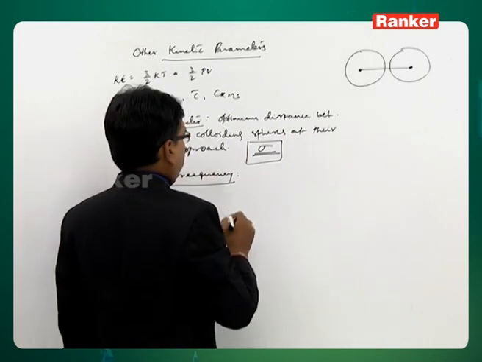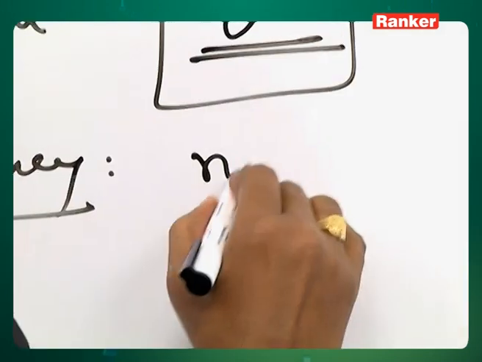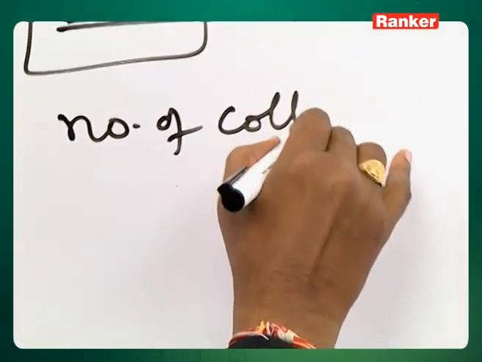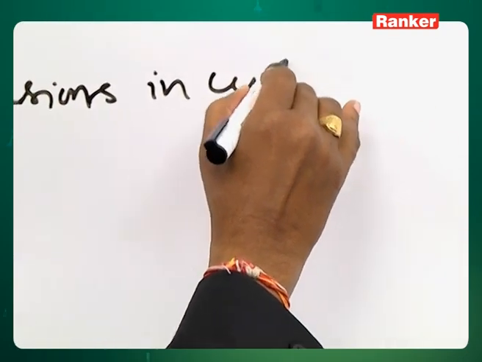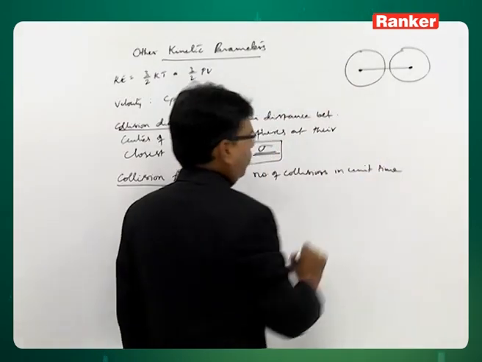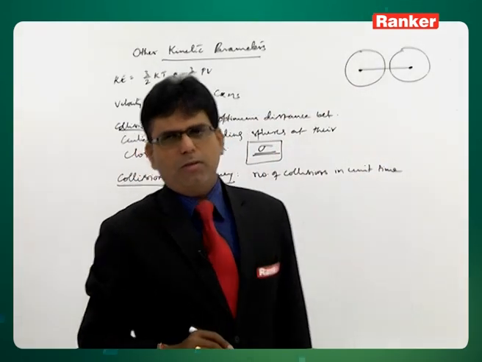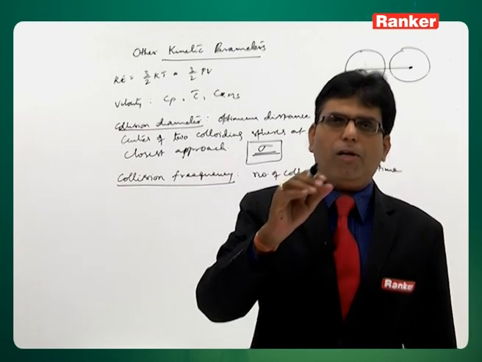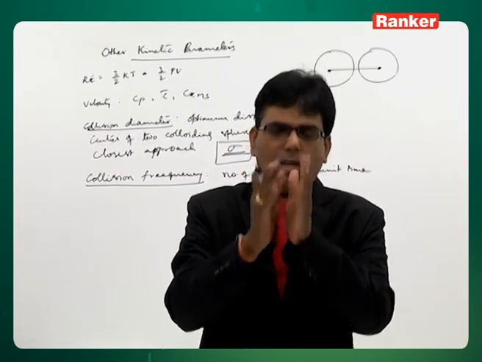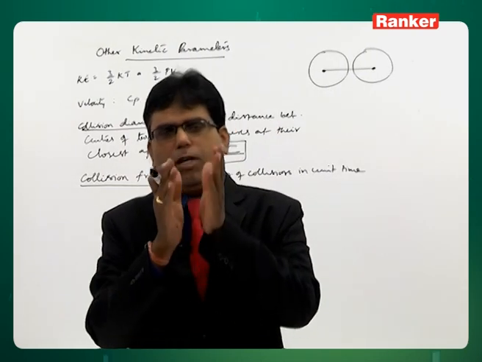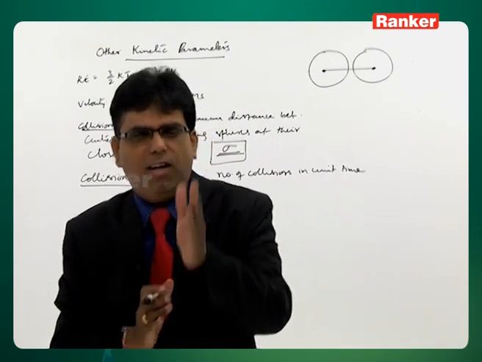This collision frequency is nothing but the number of collisions in unit time, for molecules moving with a certain velocity c. Again here, c by default means c RMS.